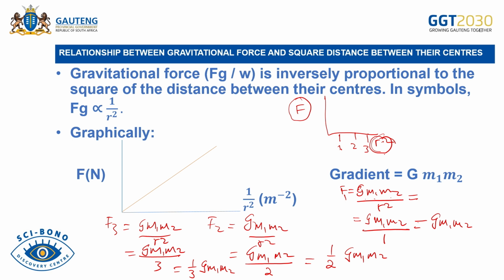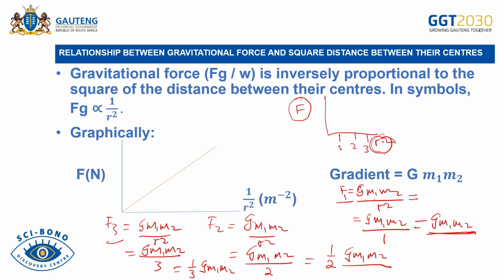So check what is happening here as you move from F1 to F3. Here we're having G M1 M2, but here we're having half of G M1 M2. Even your 1 over 3 is less than your 1 over 2.